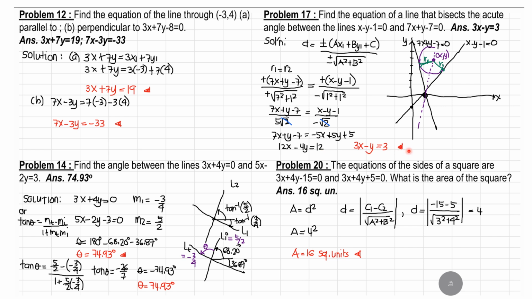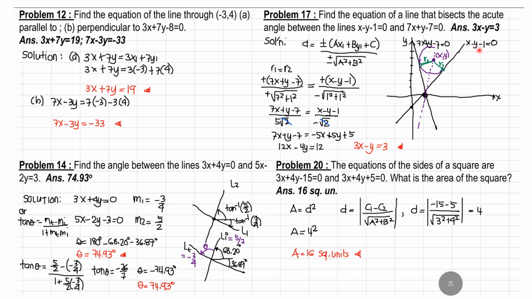Now for the technique, this point is at 1 comma 0 because when we sketch this graph, we can assign, for instance, when y is 0, 7x equals 7, so x is 1, 1 comma 0.